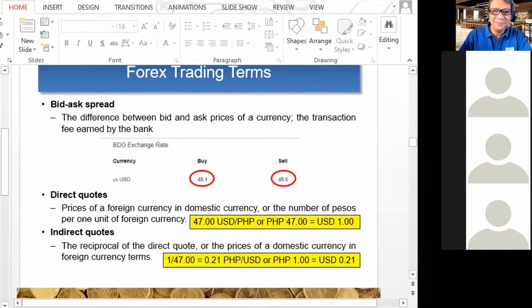Okay? Questions? About this buy, sir. This buy is the asking price of the bank, by the way. This is the sell, this is the bid. So when you buy dollars at Banco de Oro, this is the lowest bid.